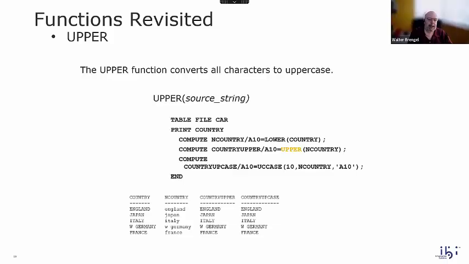So what I do is I uppercase the subject of the ticket, and then I uppercase what I'm looking for, so that way I can do a comparison that says where upper subject equals upper what I'm looking for. In this case, we're doing lower country, and then we're uppering end country. So we're basically lowering it and then uppering it again, just to show you that it actually works.